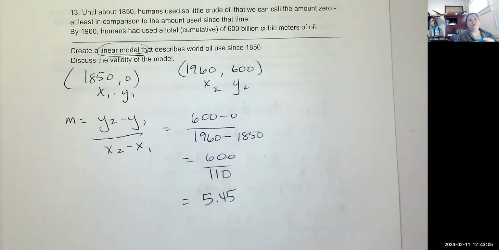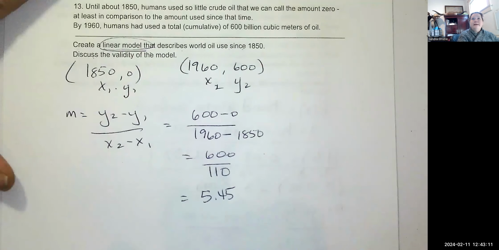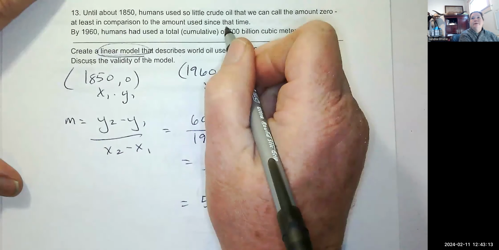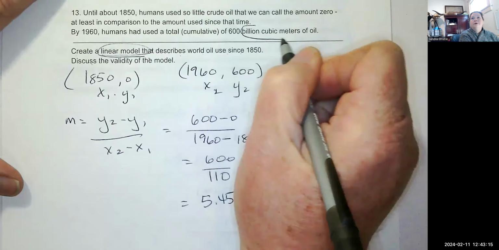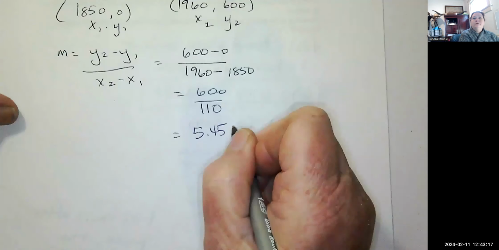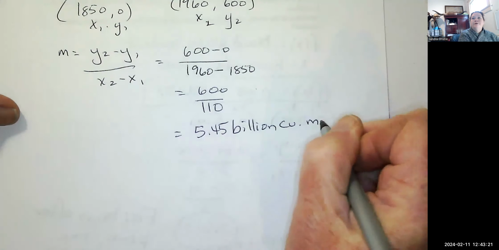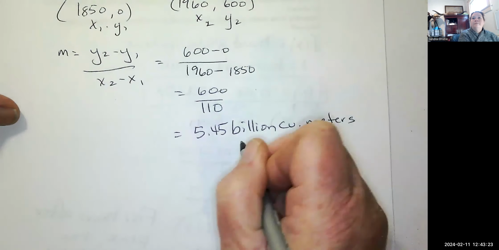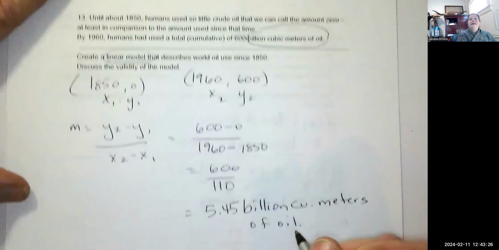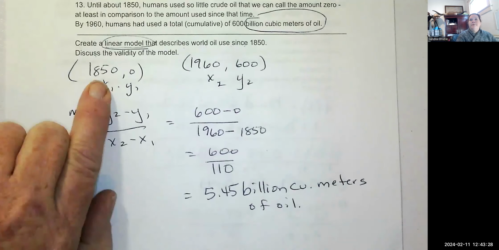And this is a great question to ask for validity. With a linear function, we need to understand that this is representing billion cubic meters of oil since 1850.